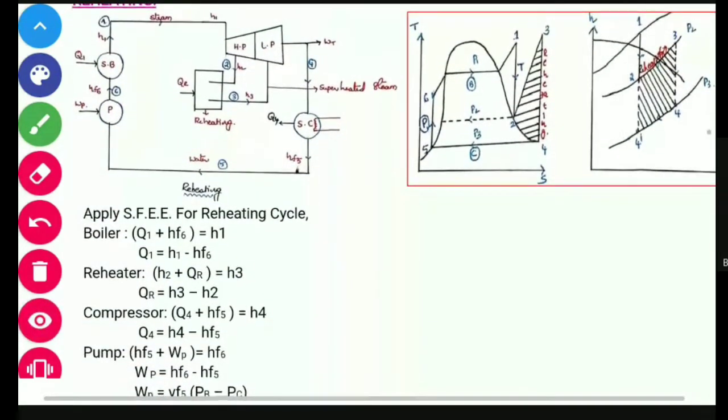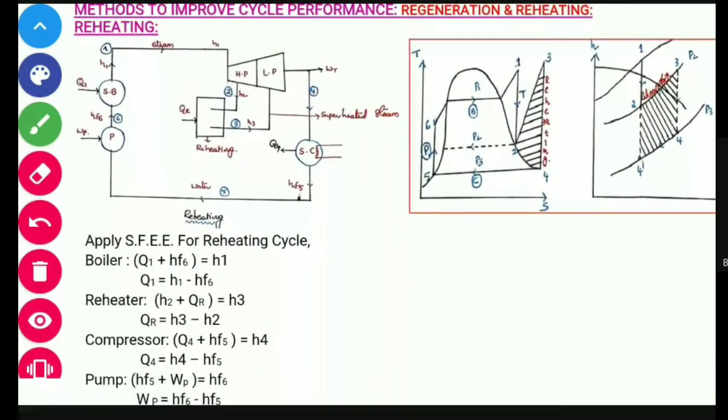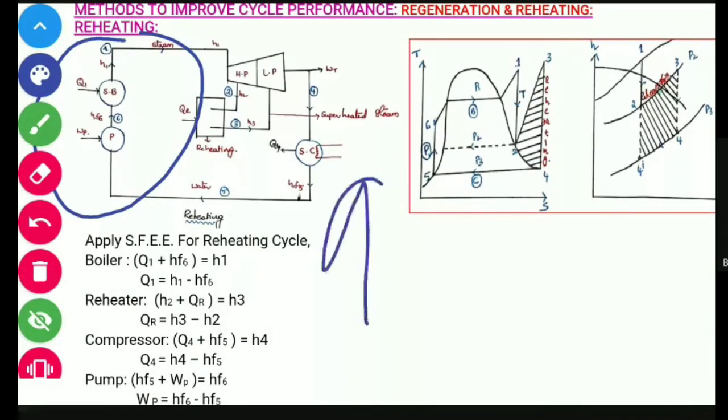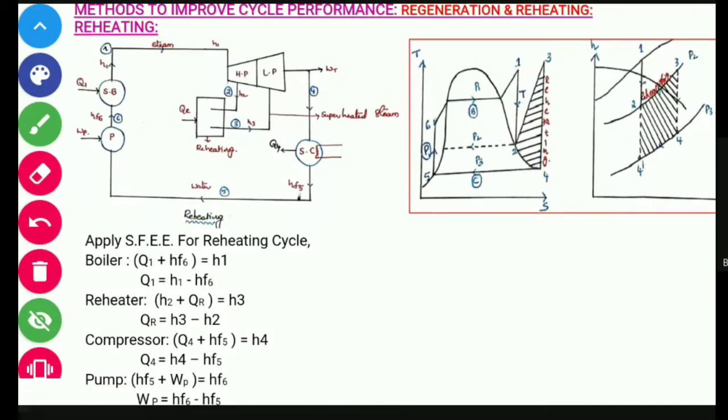So first, let us take the first component, the steam boiler. The boiler is in between 1 and 6. Steady flow energy equation means what is entering and what is leaving: inward direction, outward direction. So for the steam boiler, we need to give HF6 and Q1.